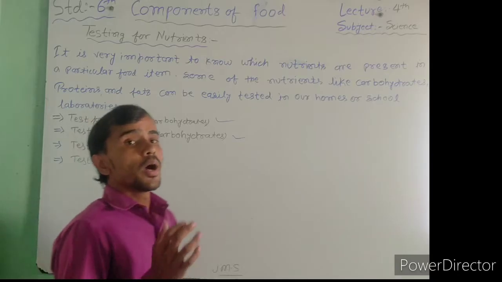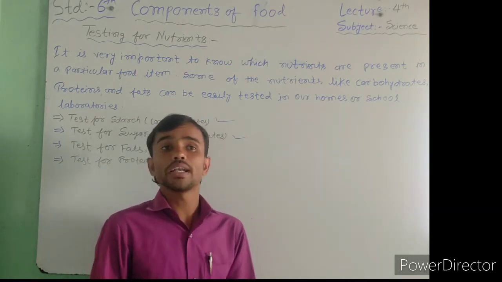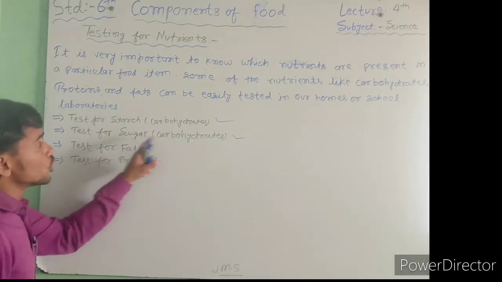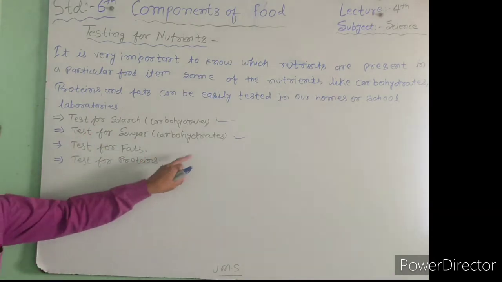Also record the points in a column, what is different and what you get with the test for sugar. That is the second test.